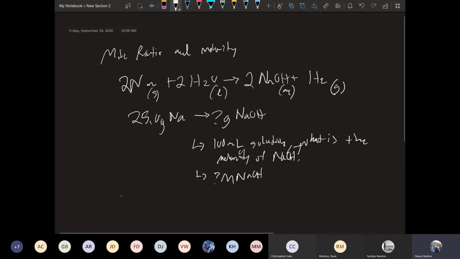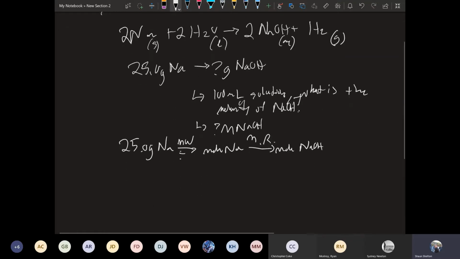So now this problem, just starting this out, we would take 25 grams of sodium and convert this into moles of sodium. This is where you divide by the molar mass. And then you would take the moles of sodium and convert that into moles of NaOH. Now, this is using the mole ratio, okay? So let's do that right now.